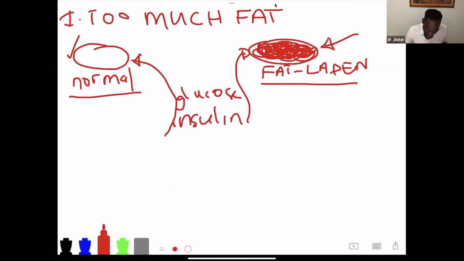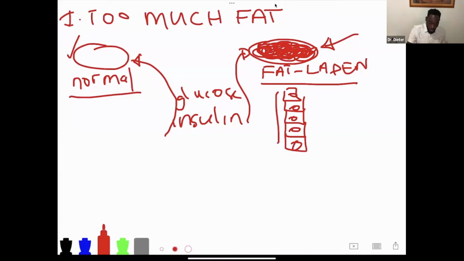Now, because glucose cannot enter the cell, glucose begins to accumulate in the blood. Glucose accumulates in the blood like this. There is a one-to-one relationship between the concentration of glucose in the blood and the amount of insulin produced by the pancreas.